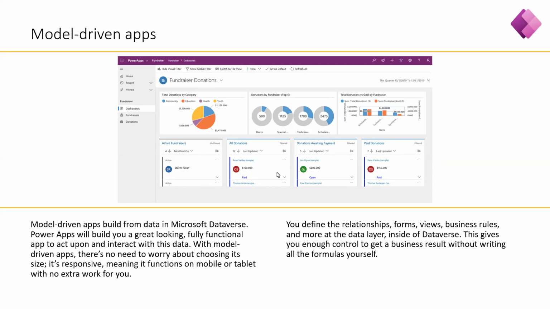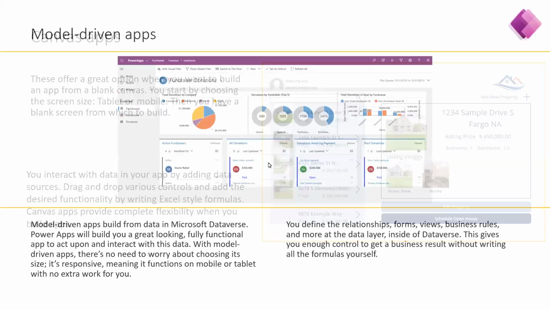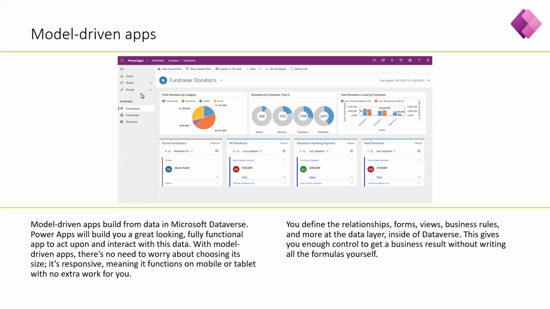Now, if you look at the difference right over here, a Canvas app is just a normal kind of app that does not have any additional information, just a simple canvas. But when we get into a model driven app, you have a lot of information, like a dashboard, any fundraiser activity that you're going for, and maybe you would want to visualize multiple things in the form of a chart.